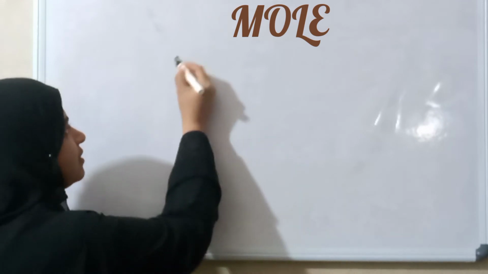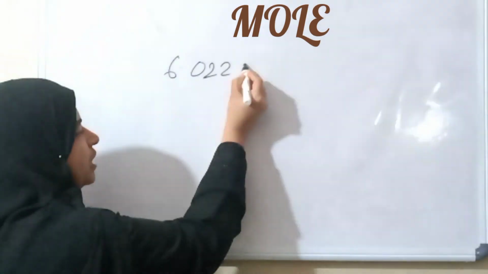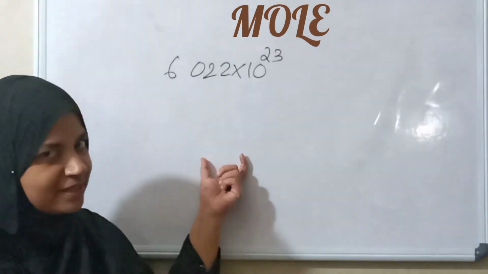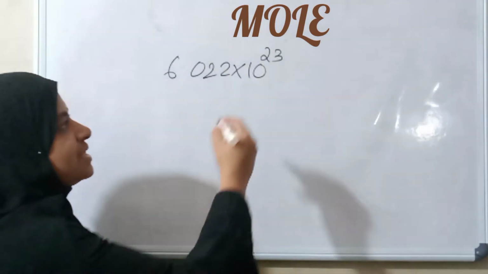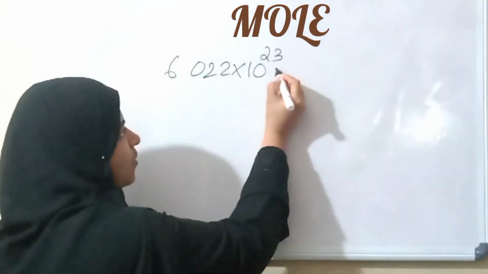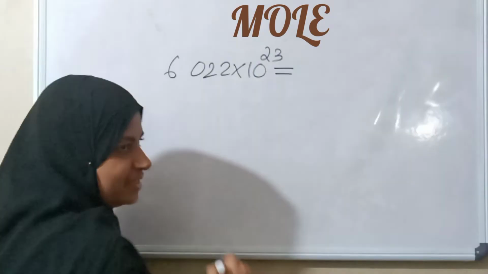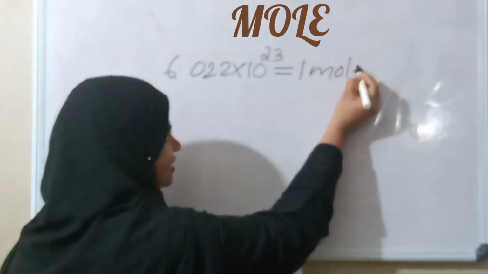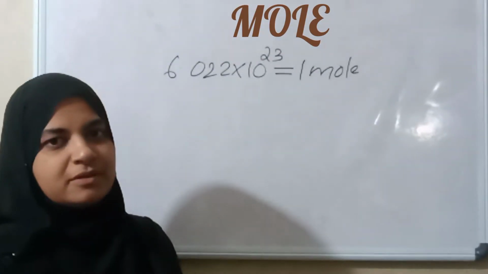Like that, this 6.022 × 10^23, we know, is the Avogadro number. This is expressed by a term or a name, that is 1 mole. Like 1 pair or 1 dozen.